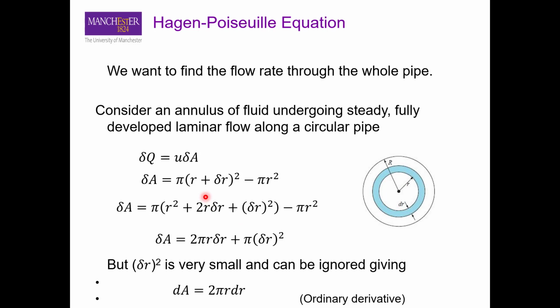If you simplify this equation, you have partial A is equal to 2 pi r partial r plus pi times partial r squared. Ignore this partial r squared term here, and by doing that, we also see that A is now only a function of r, so we can convert this partial derivative into an ordinary derivative here.